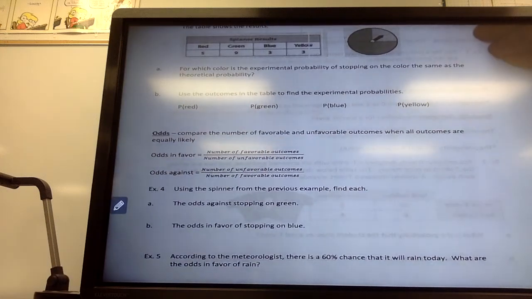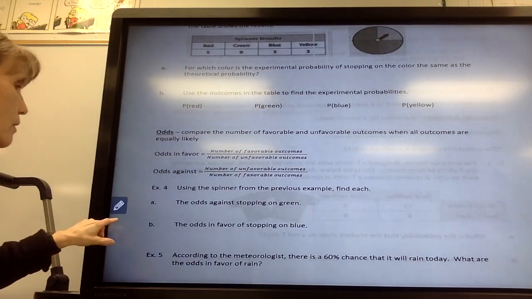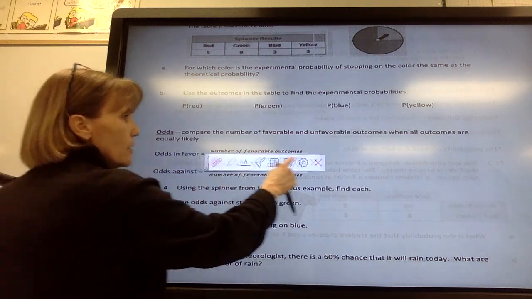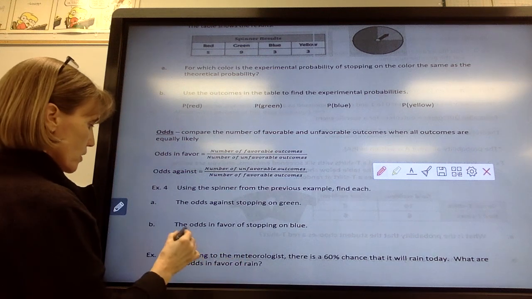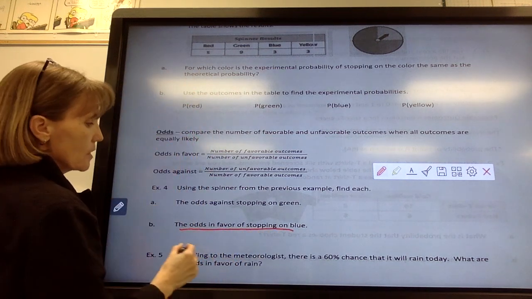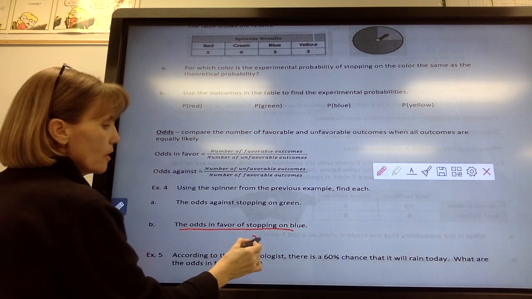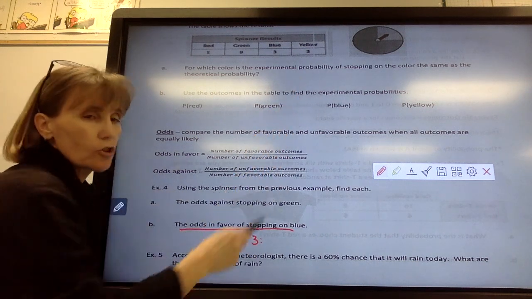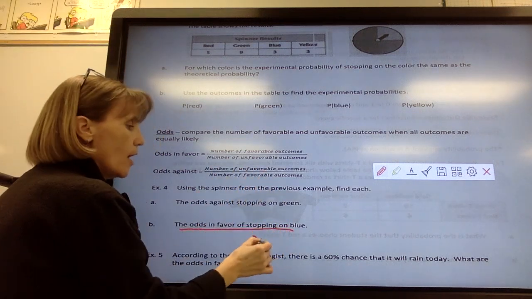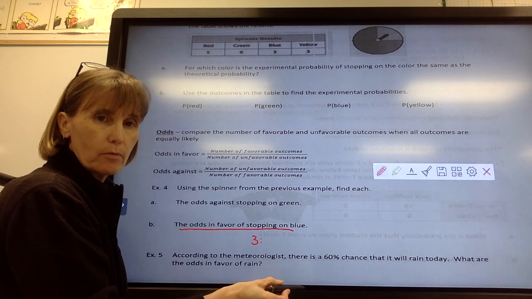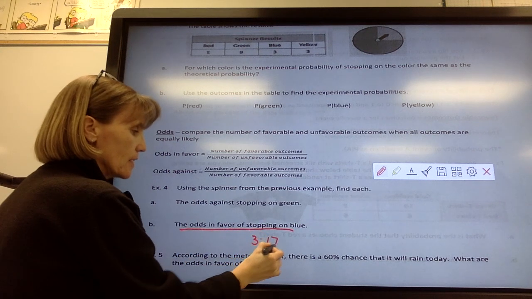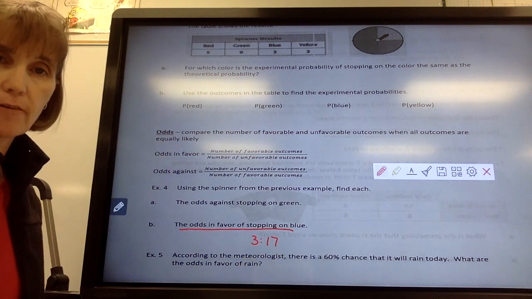Okay, so let's go back up and look at green. I'm going to actually do the letter B first here because the wording is going to be important. It says the odds in favor of stopping on blue. Well, how many times did it stop on blue? 3 times, which, instead of using the total of 20, means how many times it's favorable to unfavorable. How many times did it not stop on blue? Well, if we spun it 20 times and 3 times it landed on blue, that means 17 times it landed on a different color.